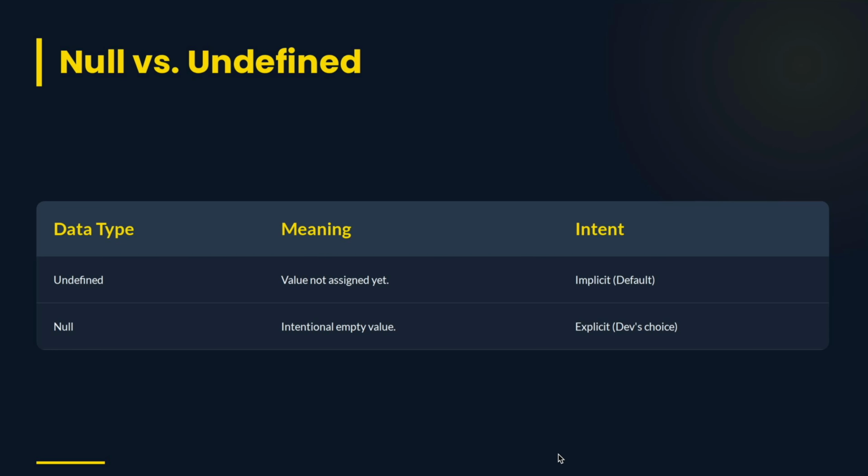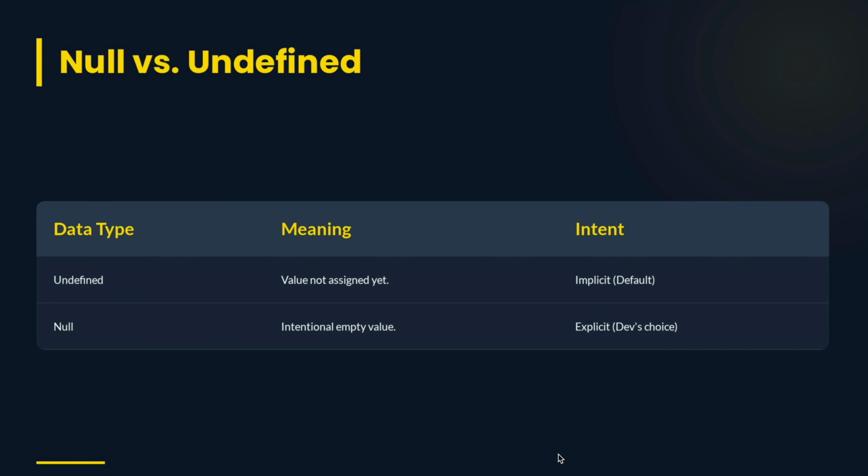Null also represents the absence of a value, but there is an important difference between null and undefined. Undefined generally means a value hasn't been provided. Null generally means there is intentionally no value. Let's use a real world example. Imagine a social media application with a profile that has a profile picture field.